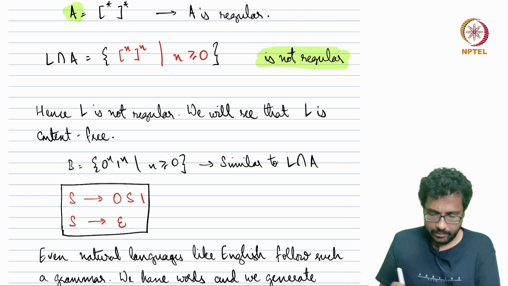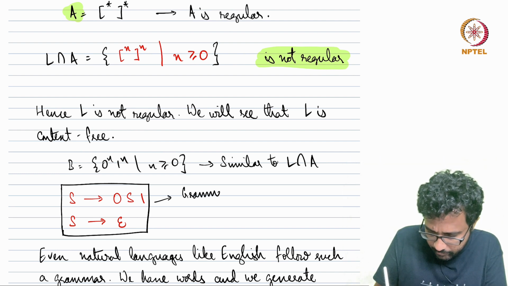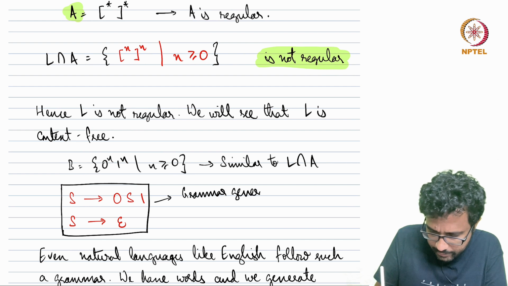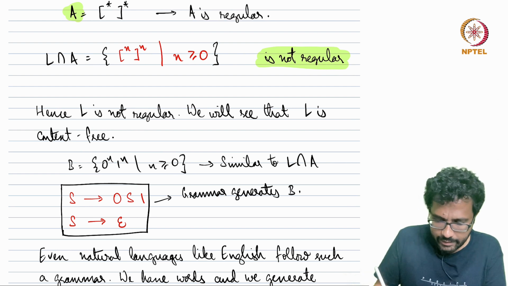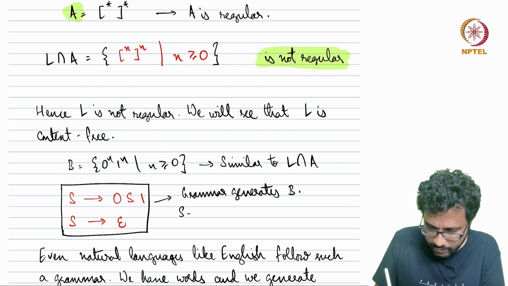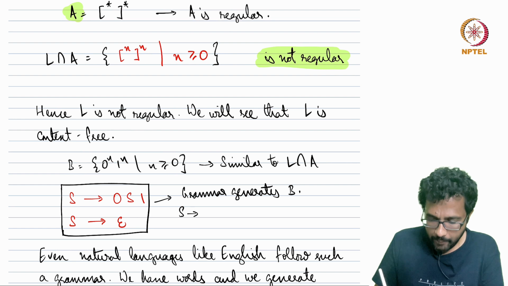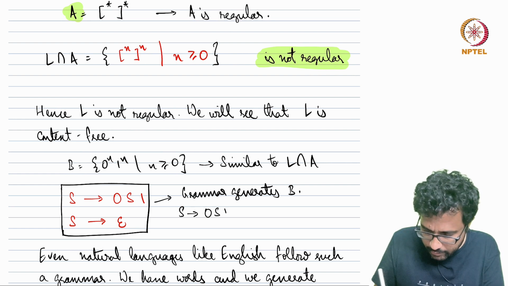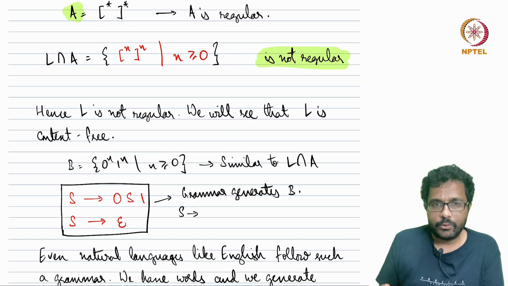The grammar in the box, this works. This grammar generates B. So you can see why it generates B, for instance. You start with S because that is the only variable here, right? And then there are two things that you can do.